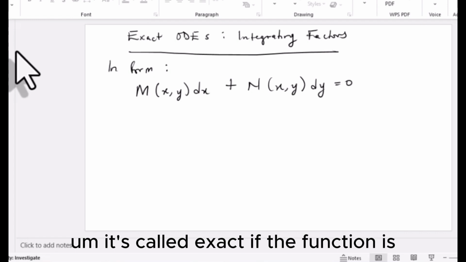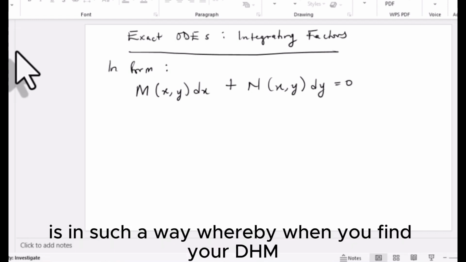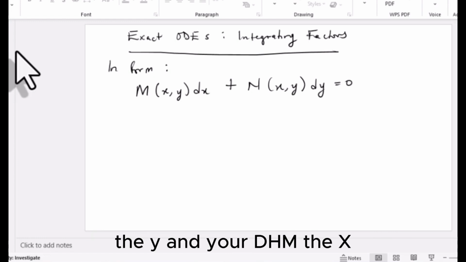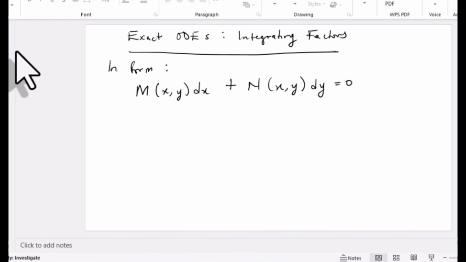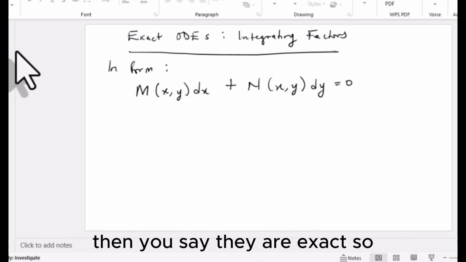It's called exact if, when you find your dM/dy and your dN/dx, they are equal to each other, then you say they are exact.